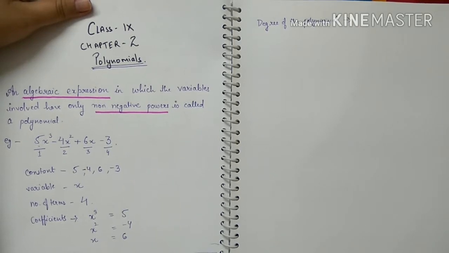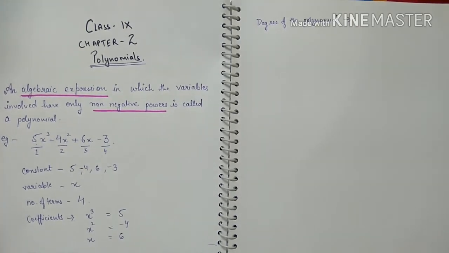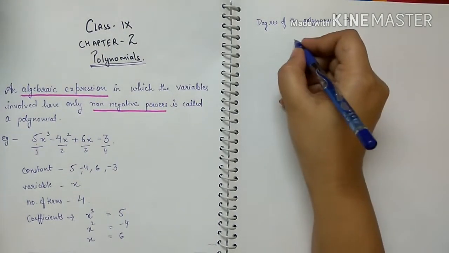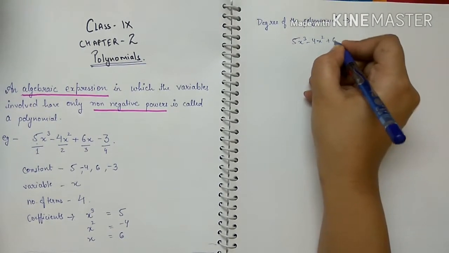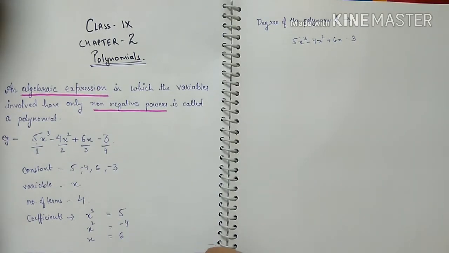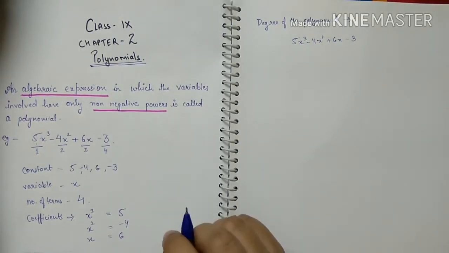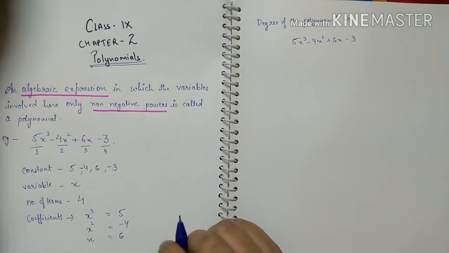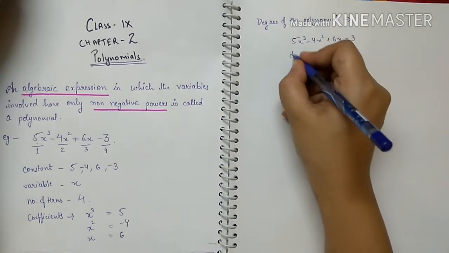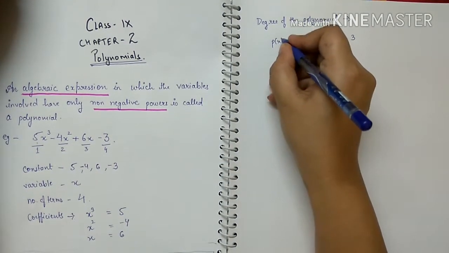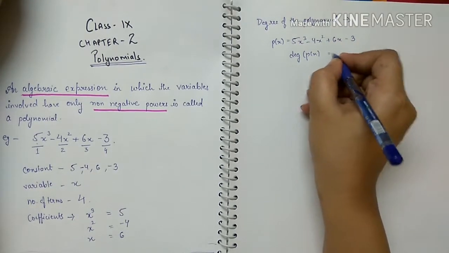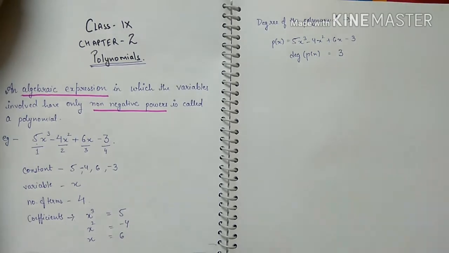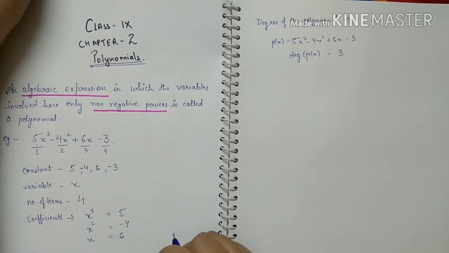Now talking about the degree of a polynomial, what is it? Let's see the same example, 5x cubed minus 4x squared plus 6x minus 3. Here the highest power of the variable is termed the degree of the polynomial. We can write the polynomial as p(x), and the degree of p(x) is 3.